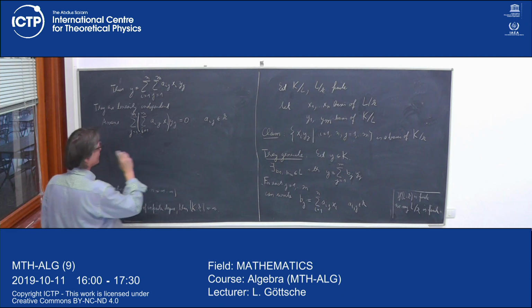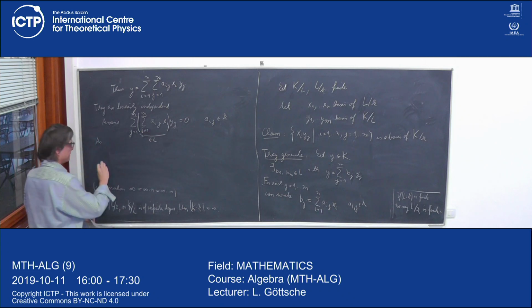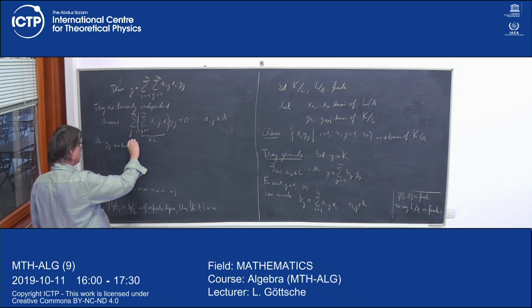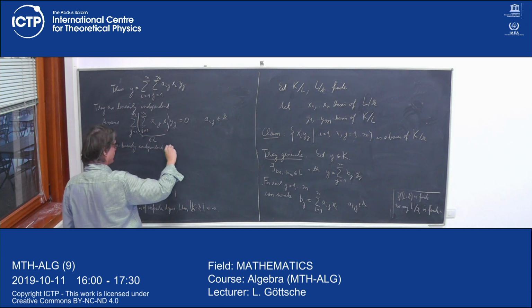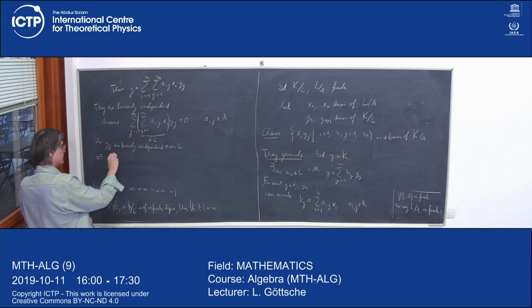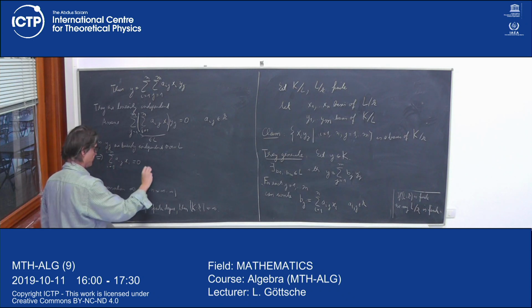As I said, this is an element in L. So as the y_j are independent over L, it follows that the sum over i equals 1 to n of a_ij x_i is equal to 0 for all j.